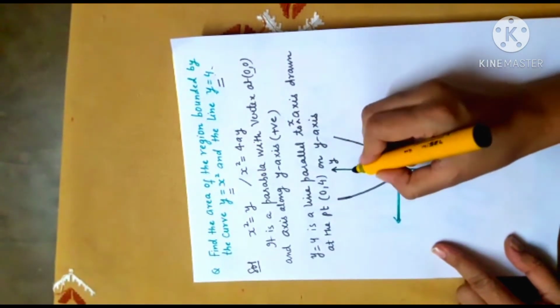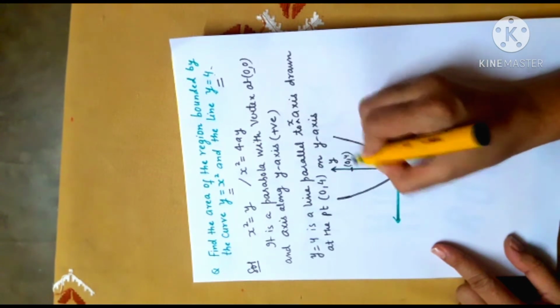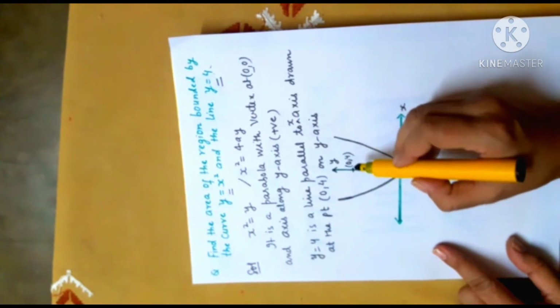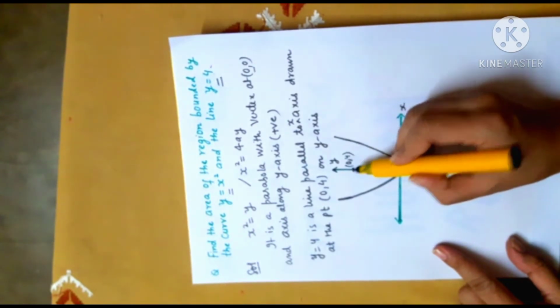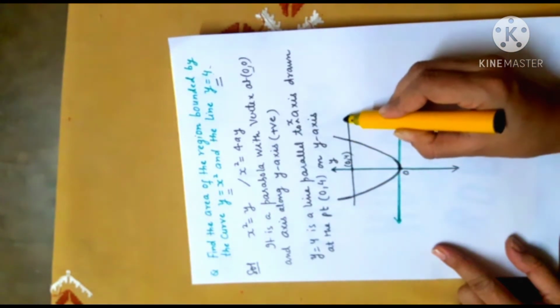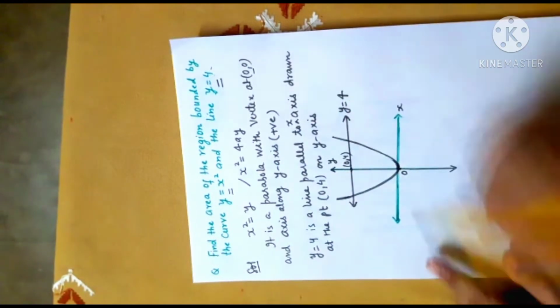Let on y-axis, let this be the point 4. That is the coordinates of the point will be 0, 4. So y equal to 4 will be a line drawn at this point parallel to x-axis. So this will be the line y equals 4.